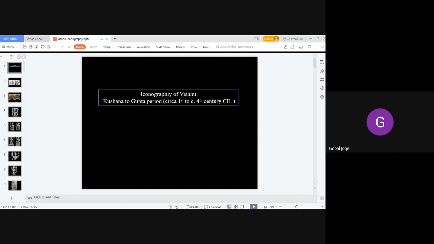This we can trace through iconography. The images that survive from the early centuries suggest how Vishnu's faces appear.